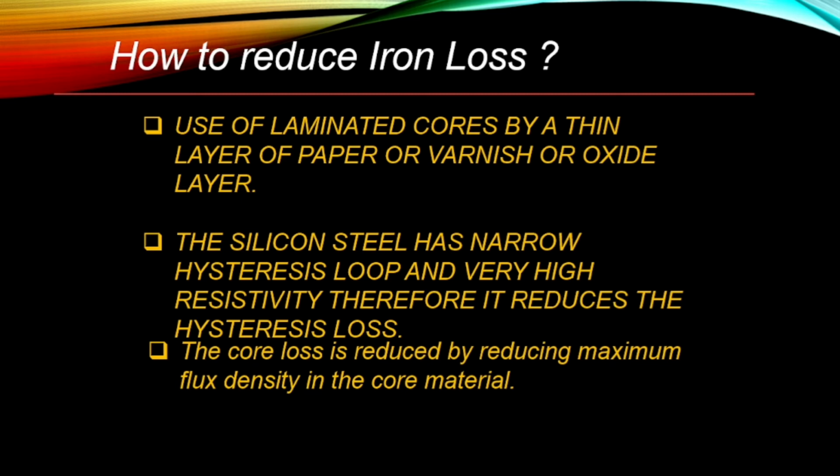The silicon steel has a narrow hysteresis loop and very high resistivity, therefore it reduces the hysteresis losses. The core losses are also reduced by reducing maximum flux density in the core material.